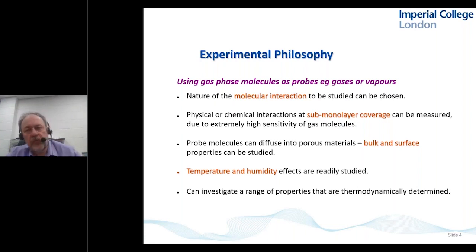And the logic as to why it's important is quite simple. We're often interested in the way powders behave. So we might be interested in powder caking or powder flow or powder dissolution. So what we're actually interested in is how powder interacts with other matter. Could be a liquid, could be a gas, could be another solid. So if we're interested in the interaction that the surfaces of particles have with other particles or the walls of vessels, it's quite logical to use another molecule to probe the surface properties.